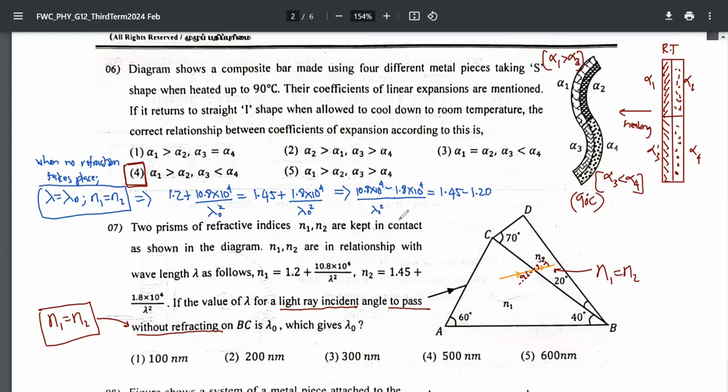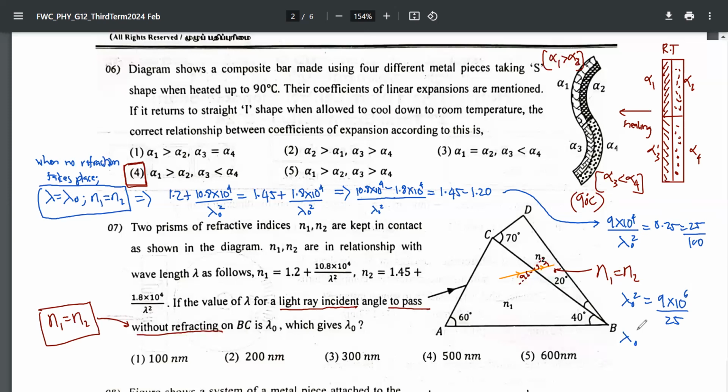I'll continue here since I'm running out of space. On the left I'm getting 9 into 10 to the power 4 divided by lambda naught squared. On the right side, 0.25, which is 25 over 100. Finally, lambda naught squared is equal to 9 into 10 to the power 6 divided by 25. So what is lambda naught?